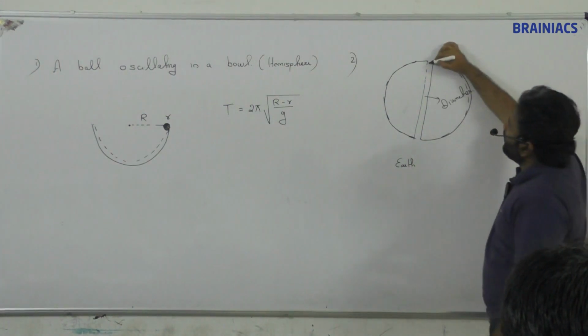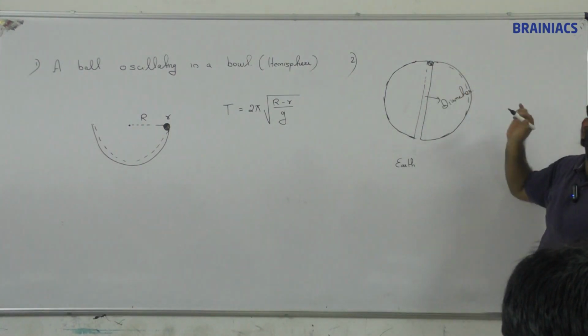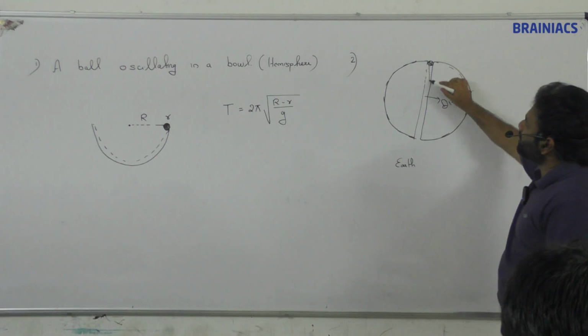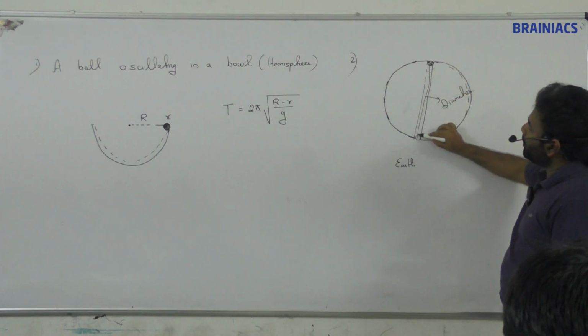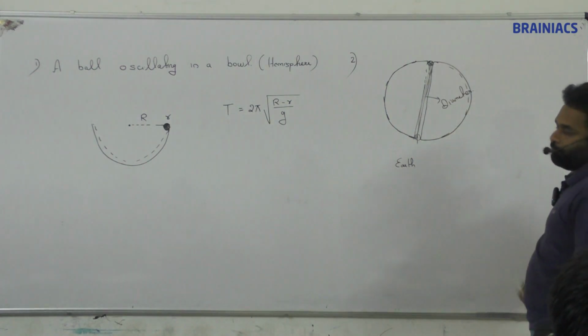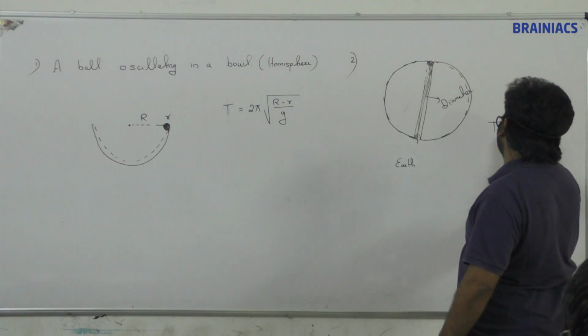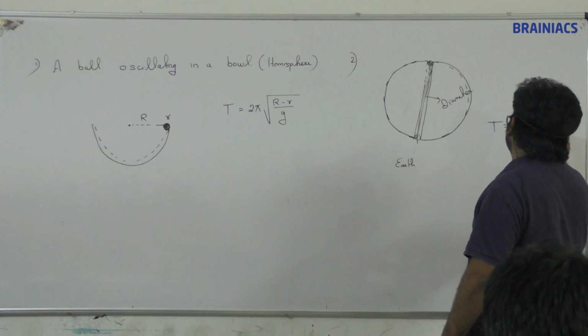So suppose if you keep a ball here, it will attract towards its center. It will come like this. It will not stop. It will go due to inertia to the other side and it will be doing simple harmonic motion here. So here the time period is going to be 2 pi into root of R by g.